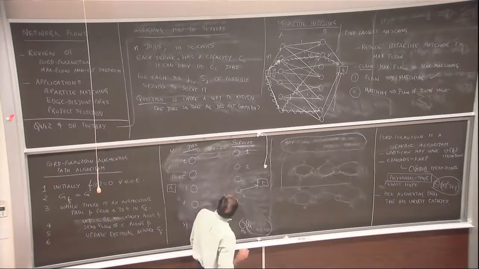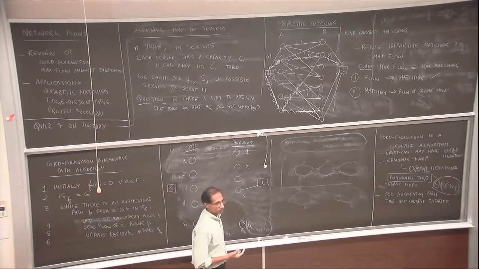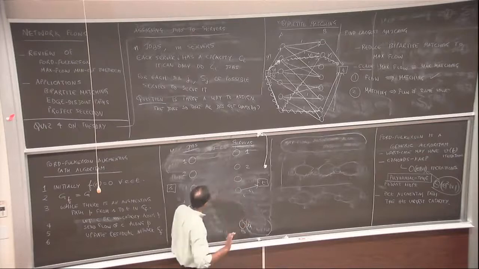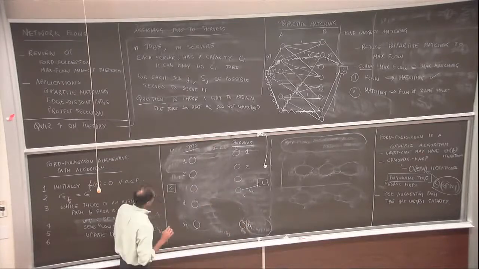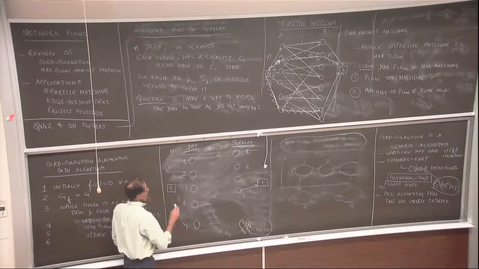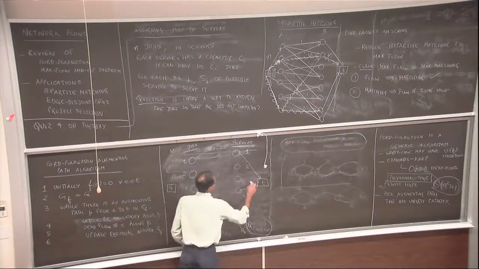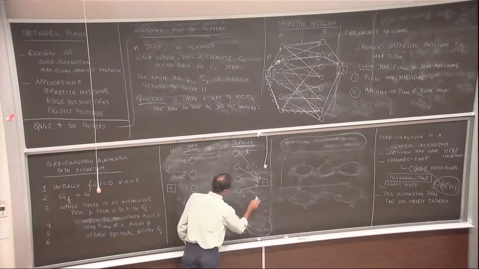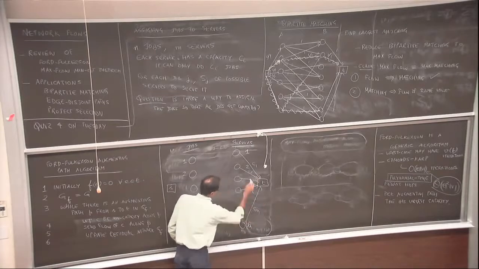You could use the capacity: how many jobs can it take? So let's stop there for a moment. This is capacity C1, this is capacity C2, and so on. Okay?